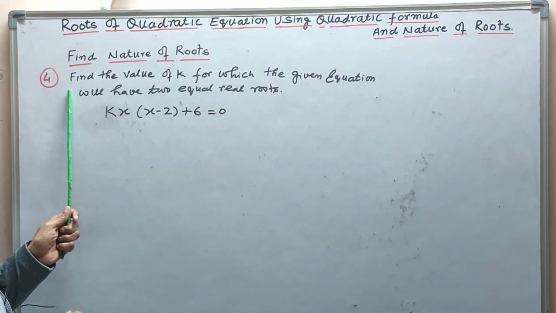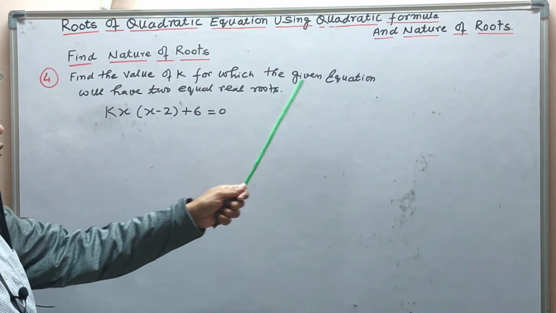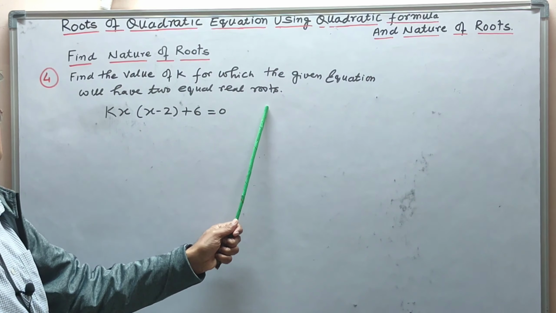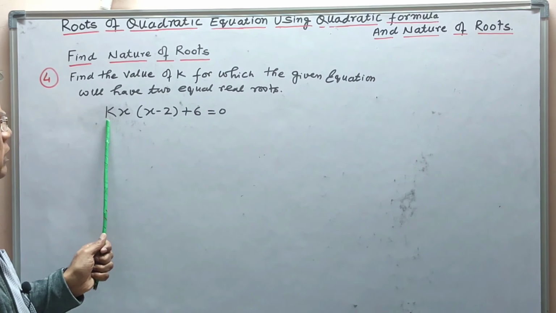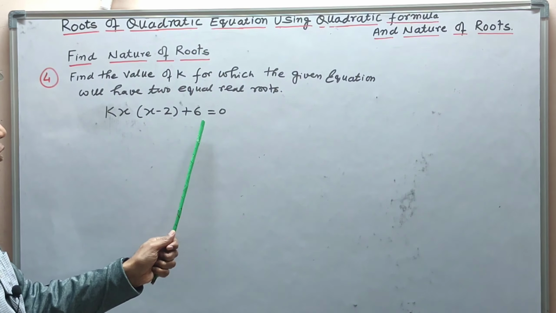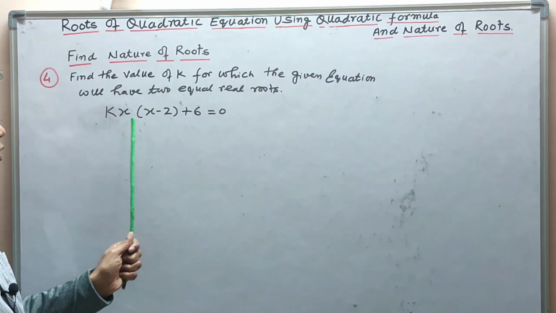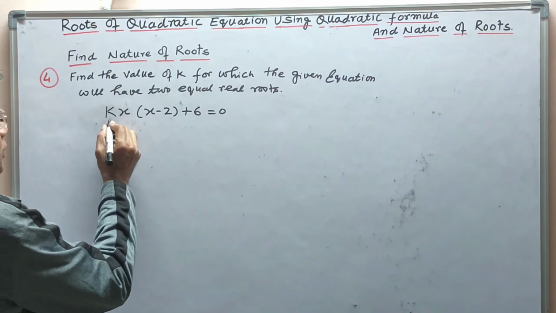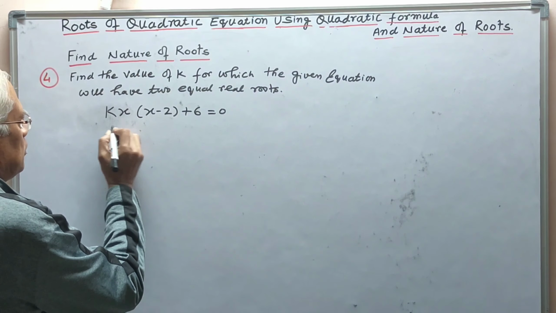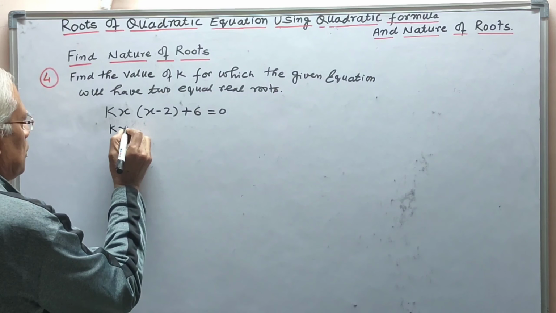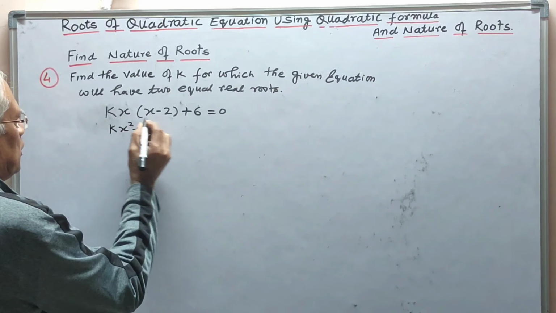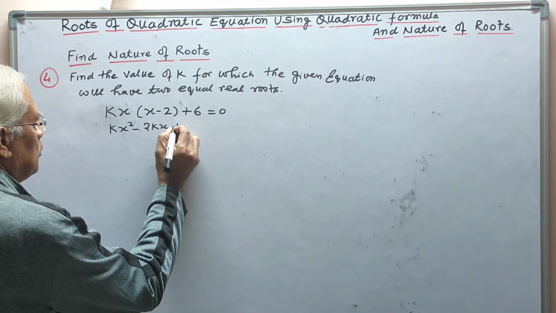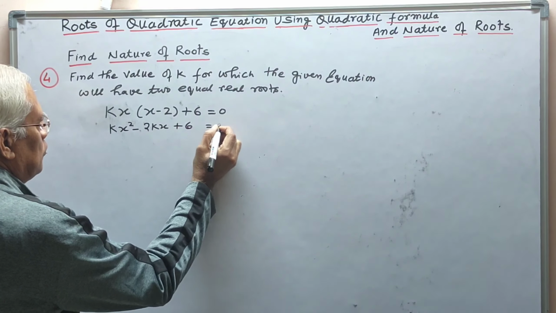Fourth question. Find the value of k for which the given equation will have two equal real roots. So this is the given quadratic equation. First of all, we have to convert it into the standard form by opening the bracket, multiply kx inside the bracket. So kx square minus 2kx plus 6 is equal to 0.